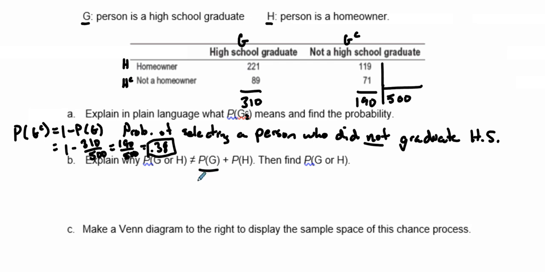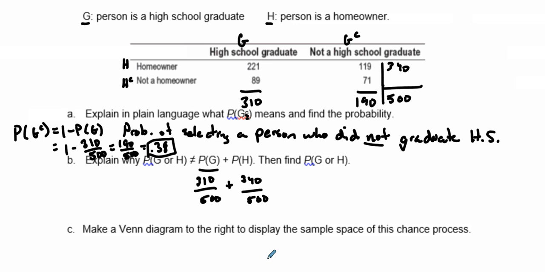That would be 310 divided by 500 plus the probability of H, which is 340 divided by 500. If you add those together, you realize that it is going to be greater than the true value.